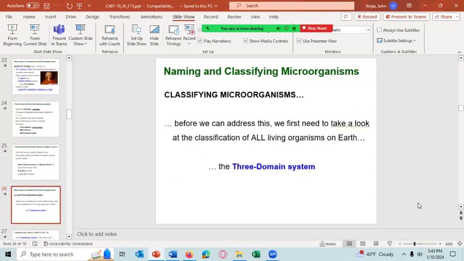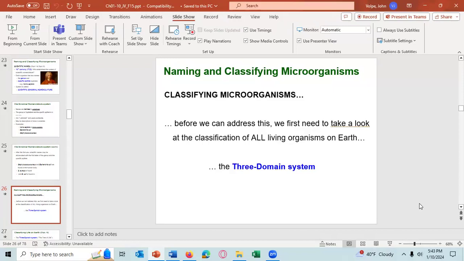All right, let's talk briefly about the classifying of microorganisms. We can classify all microorganisms into different groups by making a group having something similar, and then a smaller group that has more similarities.